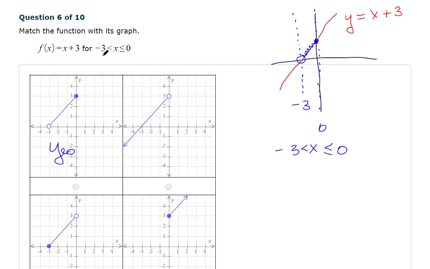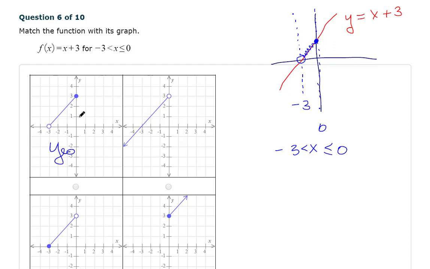Let's see, minus 3 is an open dot. Okay, open dot there. And plug in 0. 0 is a closed dot. Well, let's see, if you plug in minus 3 plus 3 is 0. That's how I know it's right there. And so I'm using the x's that are in between there. So I get this picture, which matches exactly with this first one.